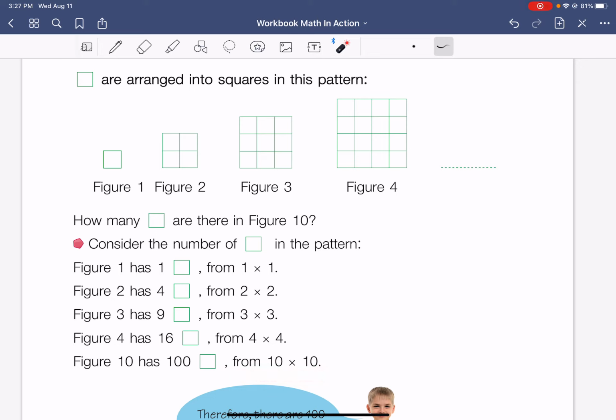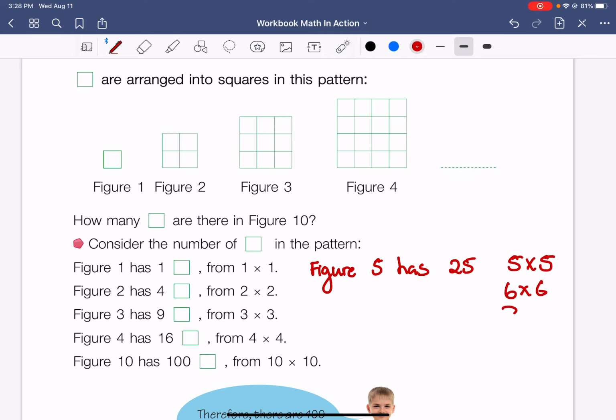We're just doing 1 times 1, 2 times 2, 3 times 3, 4 times 4, 5 times 5, 6 times 6, 7 times 7. Right? So we can already know figure 5 has 25. 5 times 5, 6 times 6, 7 times 7, 8 times 8, 9 times 9.